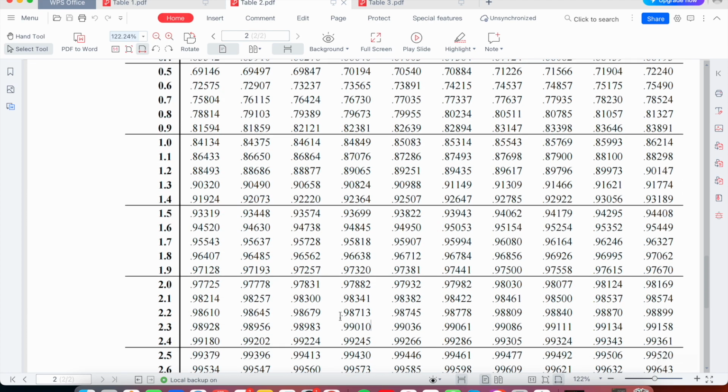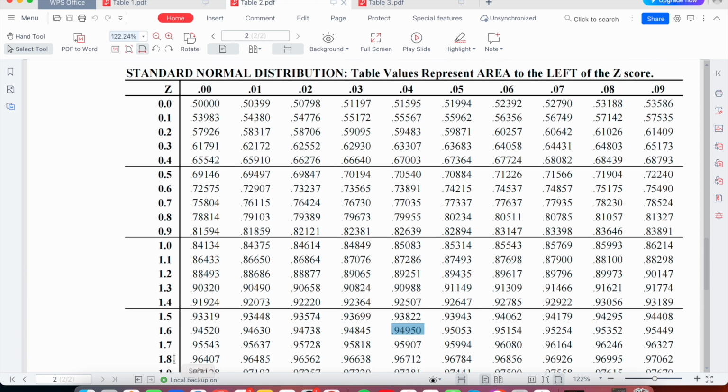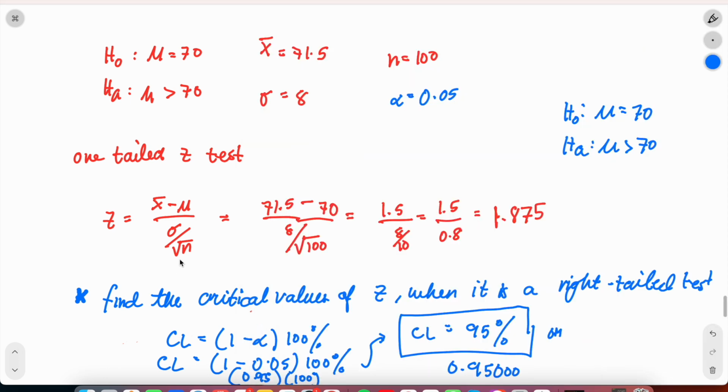I'm looking for exactly 0.95 here. So I think I found it. So this is actually 1.64. To get exactly which critical value, let's say we have, I'm gonna pause this one.